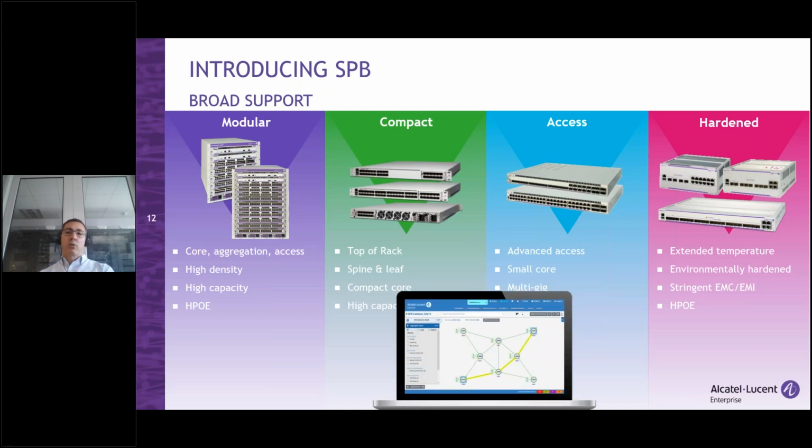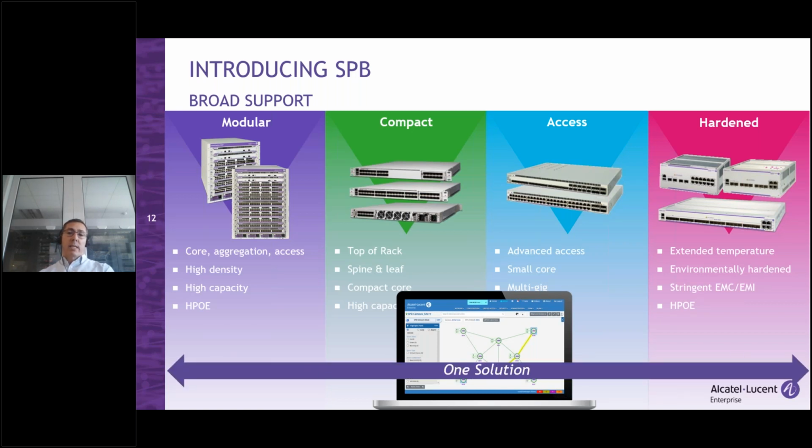Finally, it is also supported on the OmniVista NMS to visualize topology, the paths, and to configure SPB services through a friendly GUI. Bottom line is that not only SPB is suitable for use in campus, data center, and WAN, but it is broadly supported across the board with a consistent feature set and same operating system.